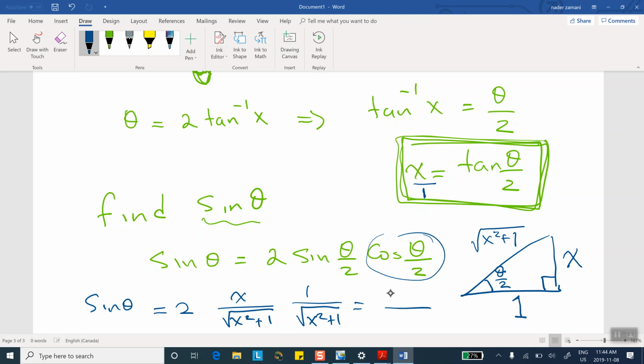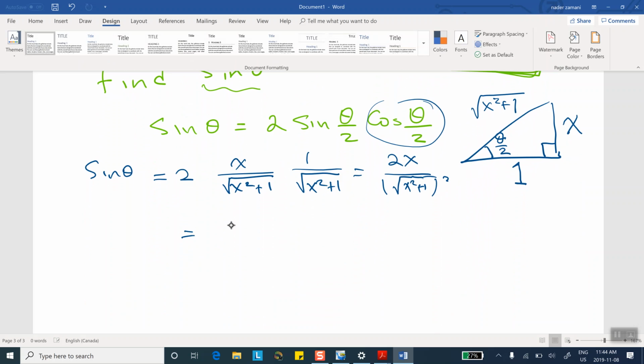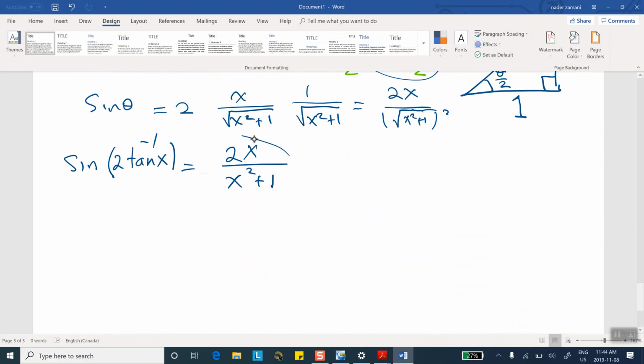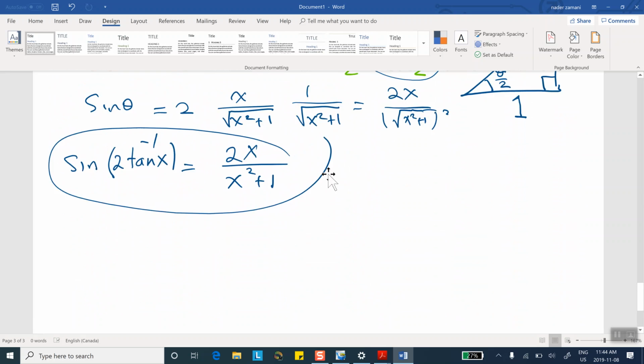And if you looked at the answer in the book, it is going to look like that: 2x over x squared plus 1. Therefore, sine of 2 tan inverse of x is what you see right there. You have to practice these things.